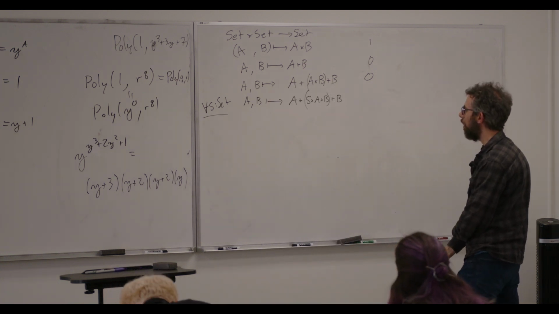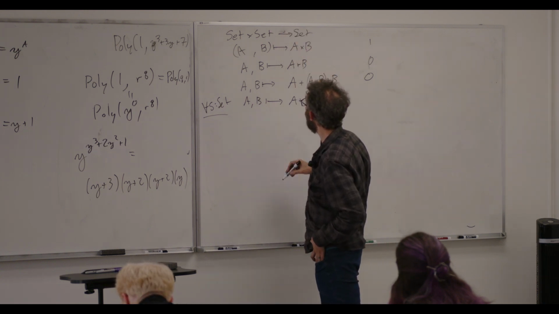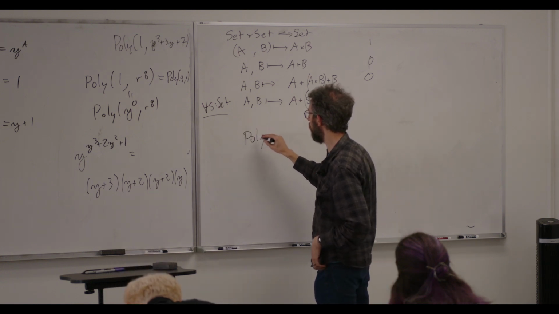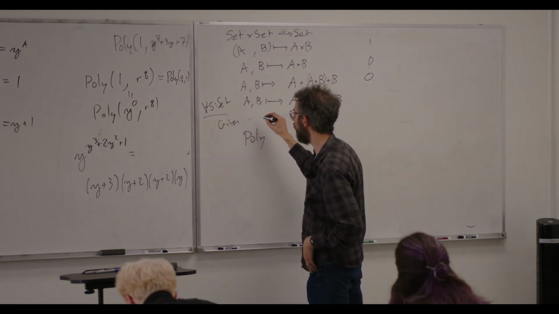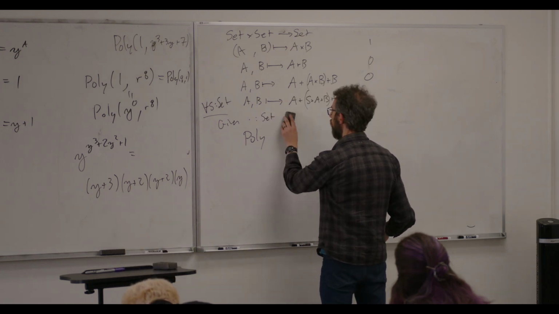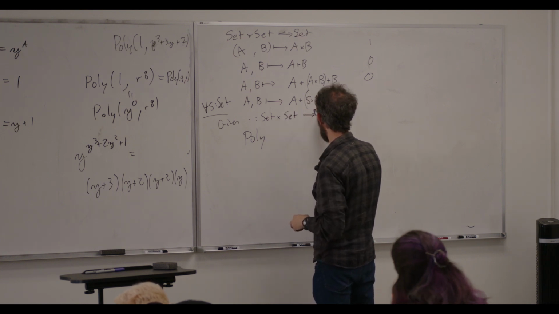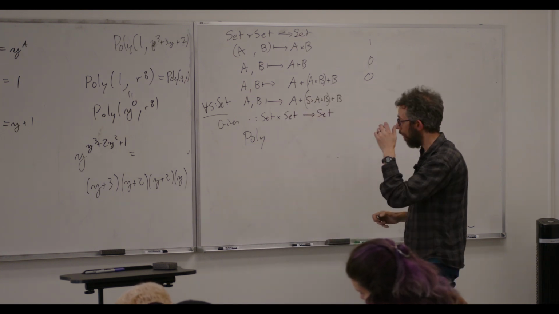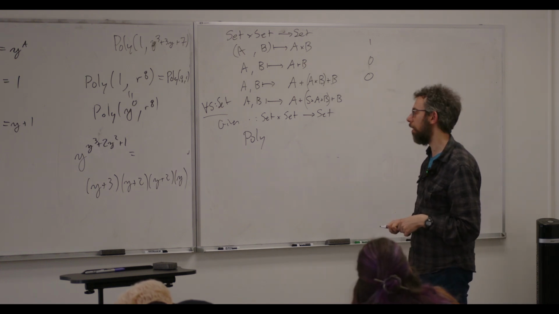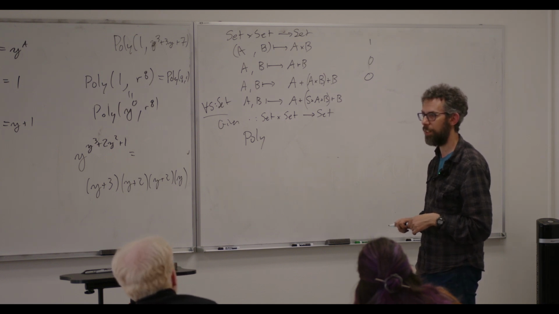Whatever your monoidal structure on set is, if you call it dot, I'll give you a monoidal structure on poly. Given dot, it's the day convolution. Brian Day invented a way of taking monoidal structures on C and giving monoidal structures on functors from C to set.